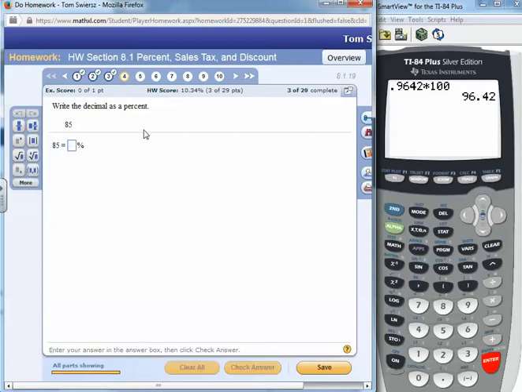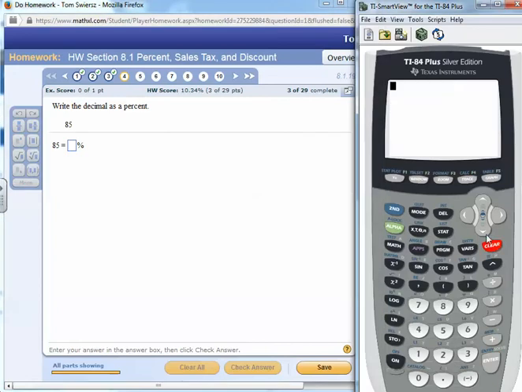Write the decimal as a percent. Now when you're given a decimal, you move it to the left, or you divide by 100. So 85 divided by 100, and you get 0.85. Oh, I'm sorry, write the decimal as a percent.